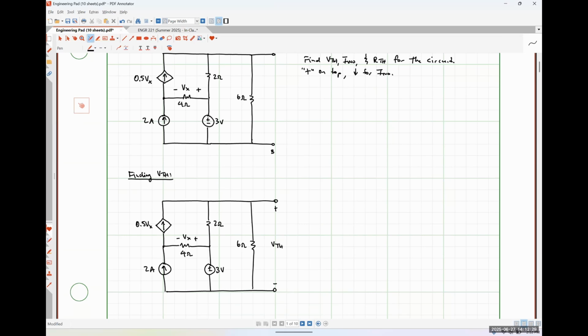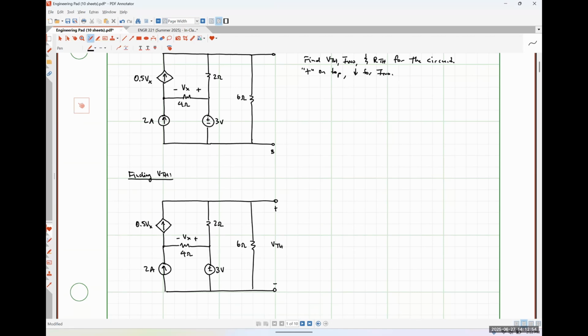So realistically, if we were going to do nodal analysis here, I see 1, 2, 3 nodes plus a reference node. And if we're going to do mesh analysis, it's going to be 3 meshes. However, we have 2 current sources on the perimeter of the circuit.